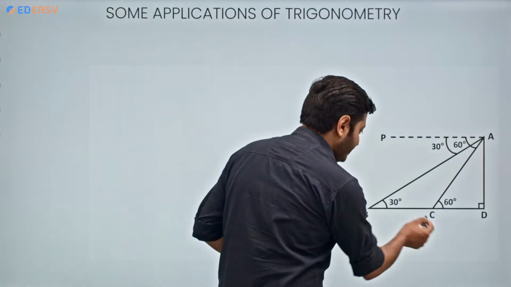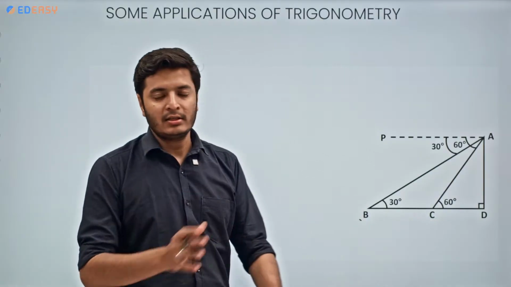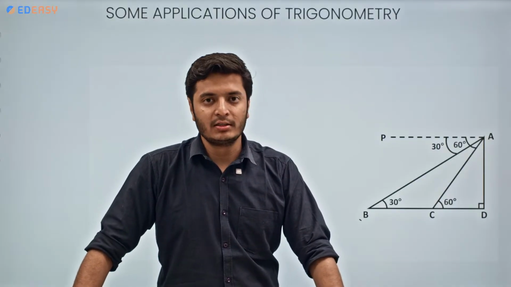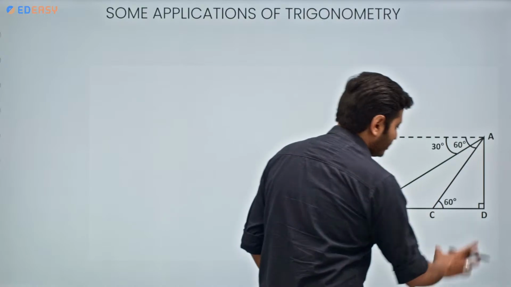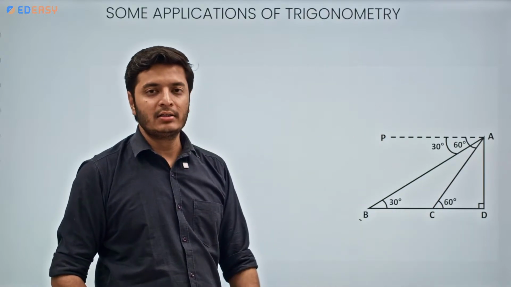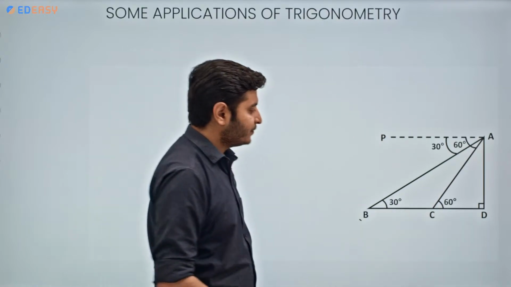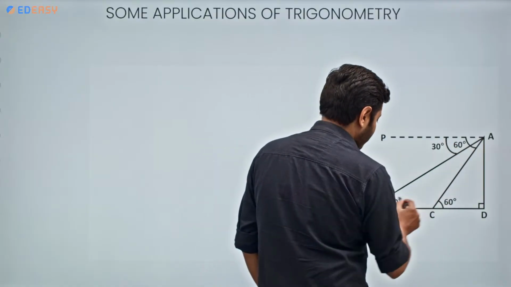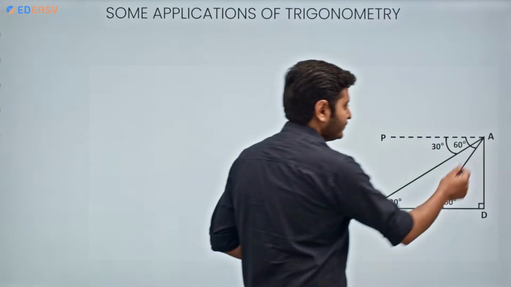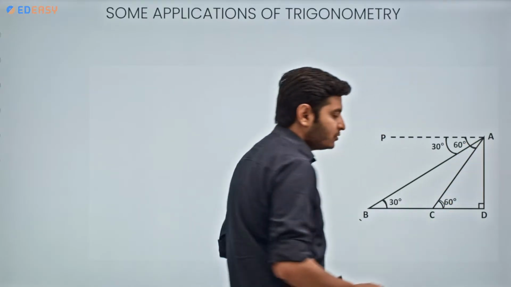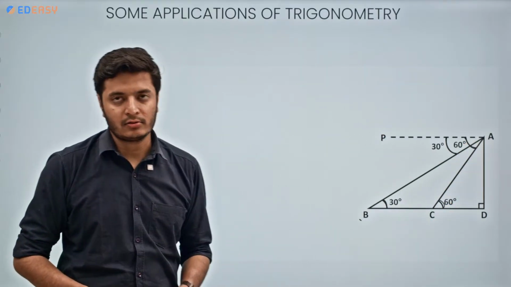The car is taking 6 seconds to cover the distance between B and C. Then we need to find the time taken by the car in covering the distance between C and D. Also, this angle and this angle are alternate interior angles, they are equal. This angle and this angle are also alternate interior angles, they are also equal.